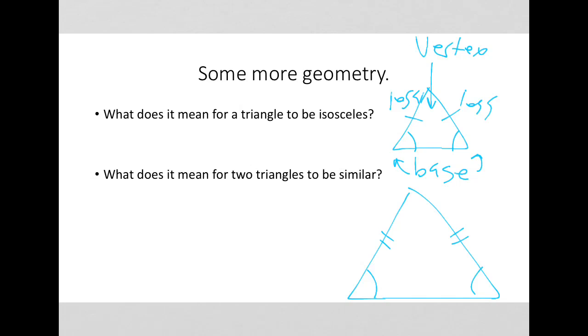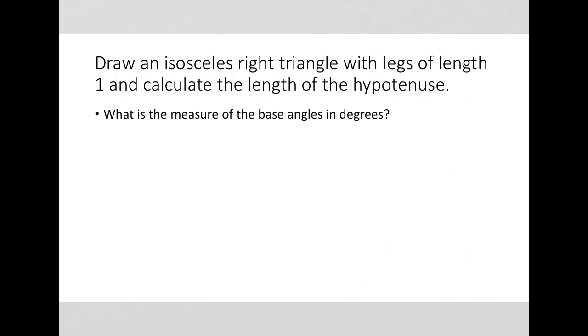You multiplied each leg by some value to increase the size. So if this was, say, 3, 3, and 5, maybe this is 9, 9, and 15. Maybe everything's multiplied by 3. But the angles are all the same. Those are similar triangles. You can multiply them by a scale factor to get the other one. So let's do this.